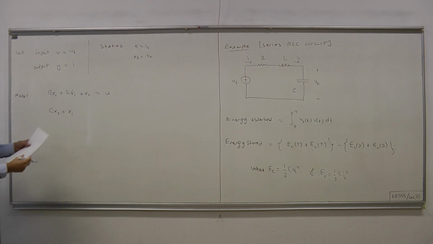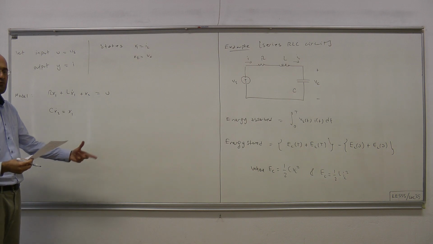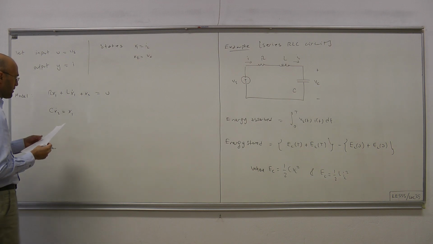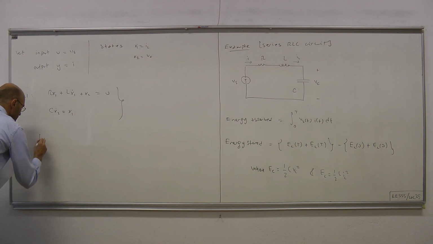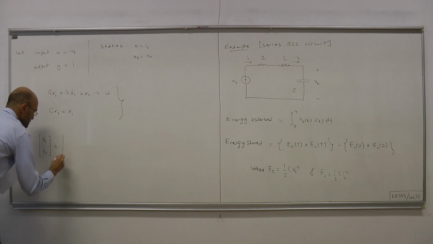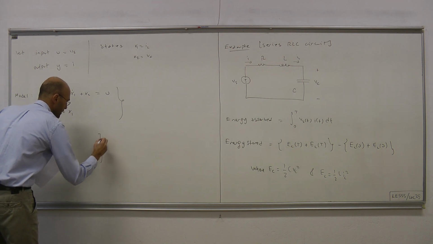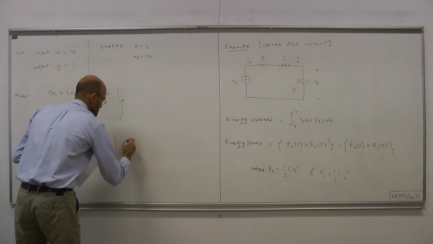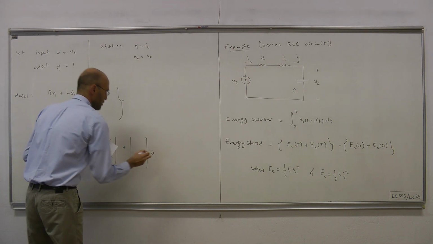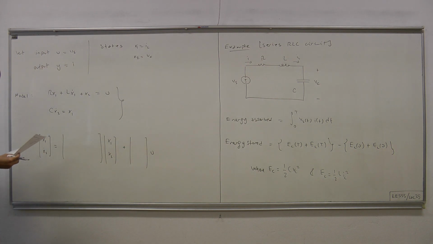Now let's put these two equations in a form that we're more familiar with. Therefore, we can write x1 dot, x2 dot equals A times x1, x2 plus B times u. So this is an LTI system.